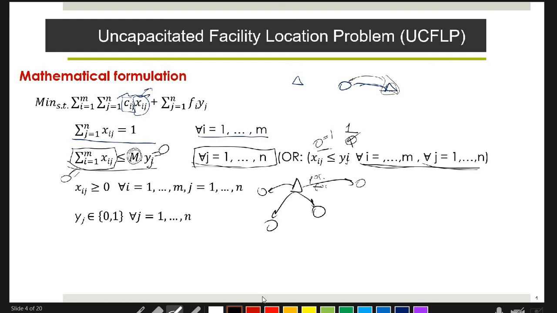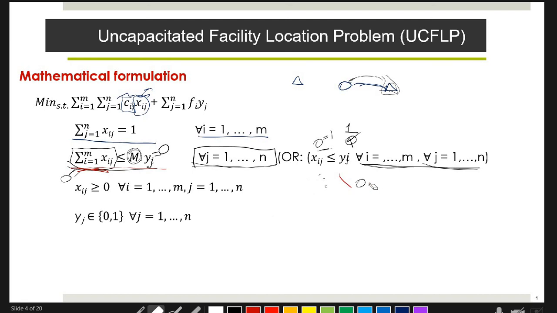But if there is no facility open at this potential site, then it cannot satisfy this customer, this, and this. So the summation of all these values will be equal to 0 in that case. You see, this summation is the summation of the demand we satisfy of different customers from the same location.